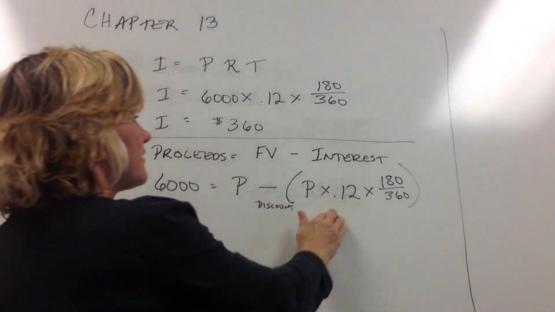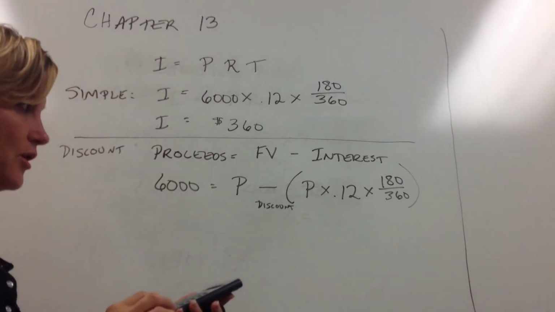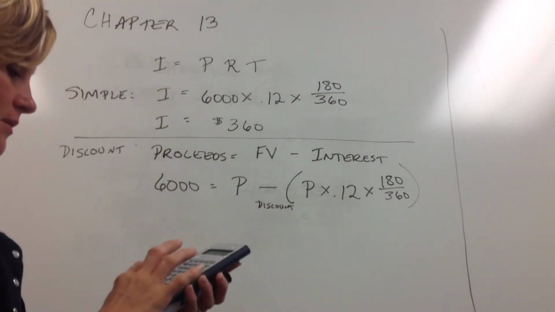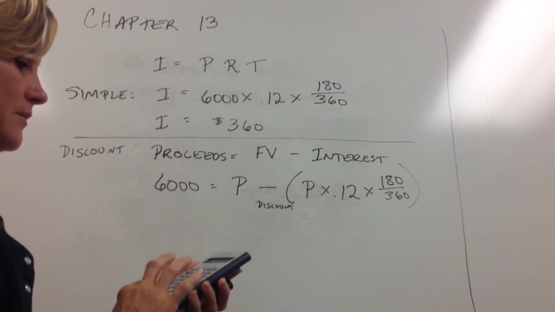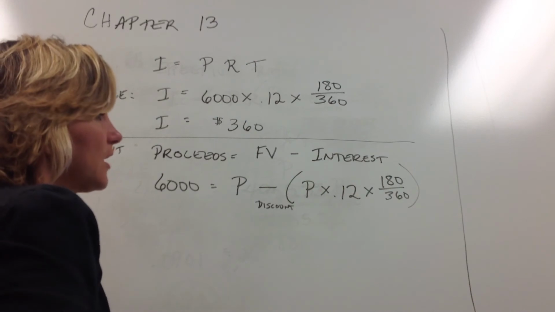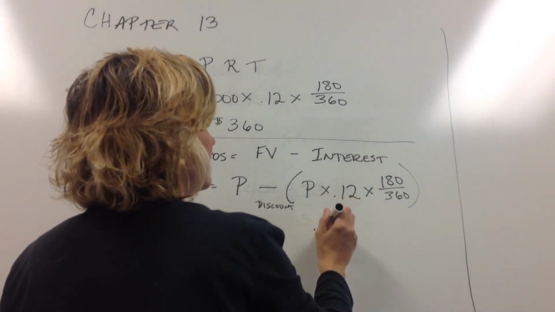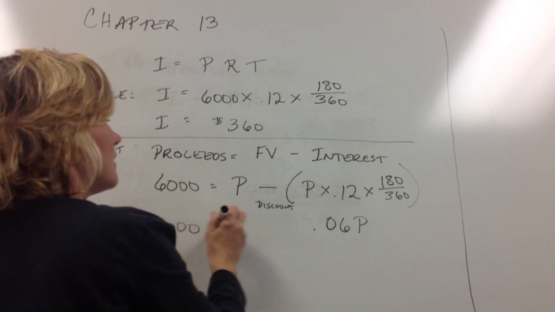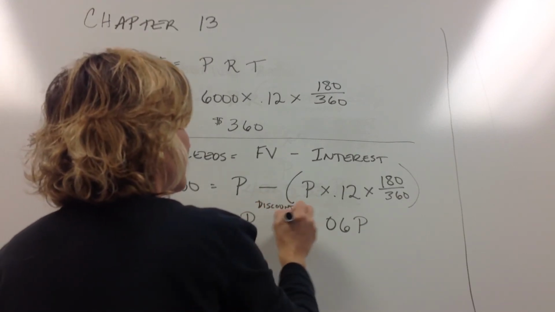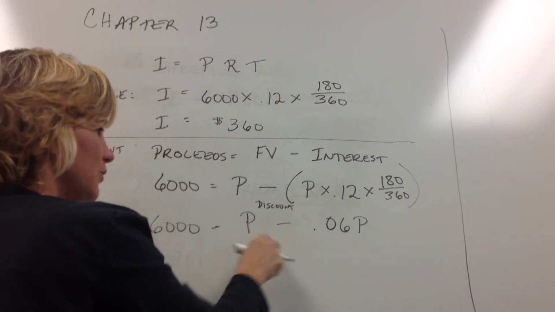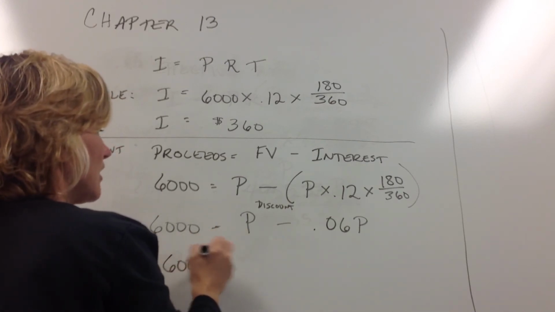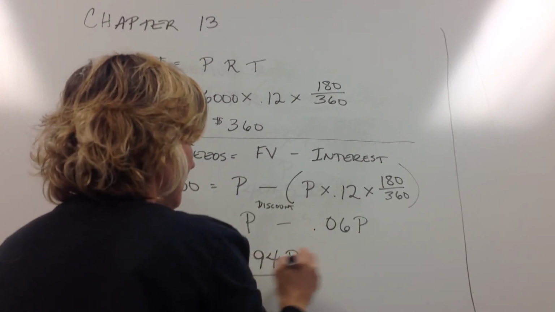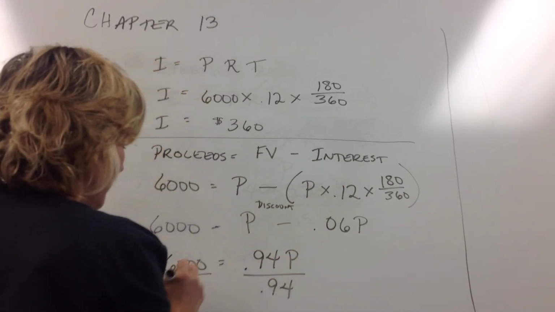So if we multiply this out, we'll figure out how much he actually has to borrow. If we multiply what we can here, that gives us 0.06 times our P. And then now again, we're not adding, but we're subtracting, so that $6,000 is going to be equal to 0.94 of our P, and then we divide both sides by that.